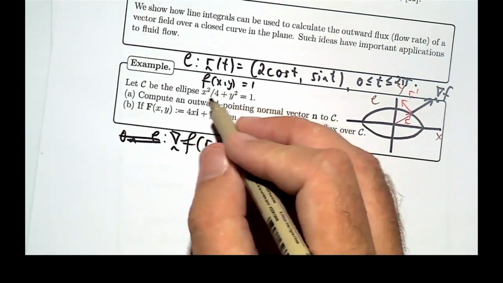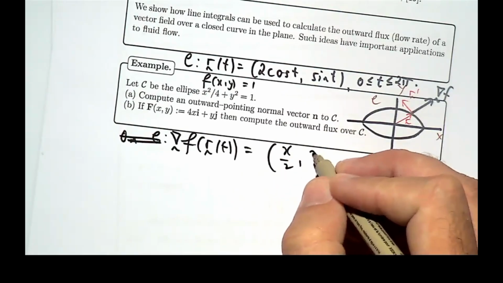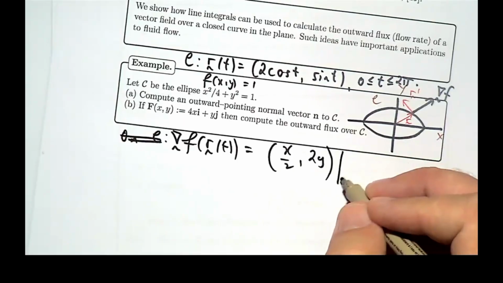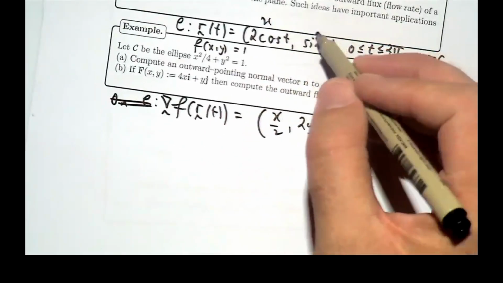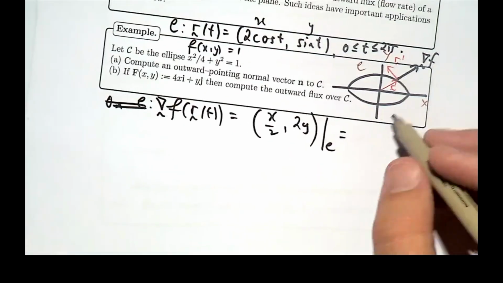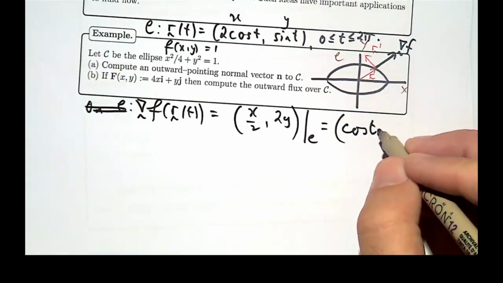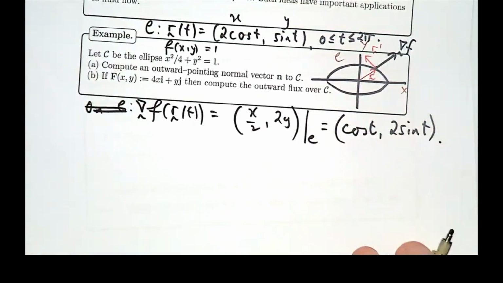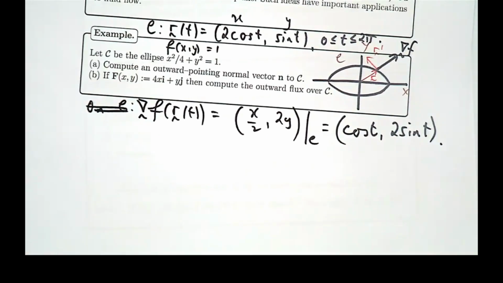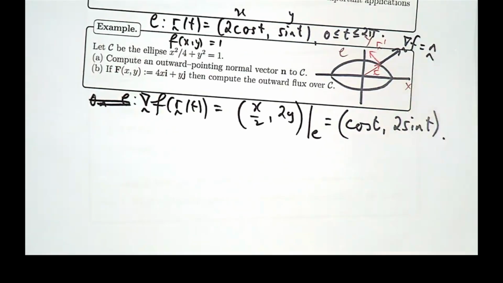It's going to be x on 2, 2y, and I want that on C. So I'm going to replace x with 2 cos t, y with sin t. So that is going to be a normal vector.